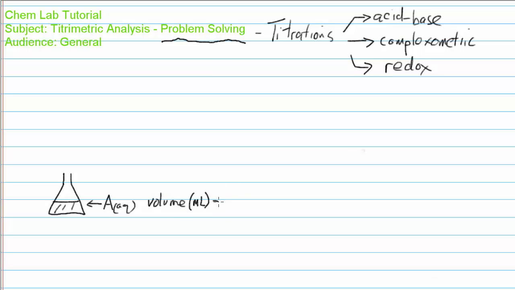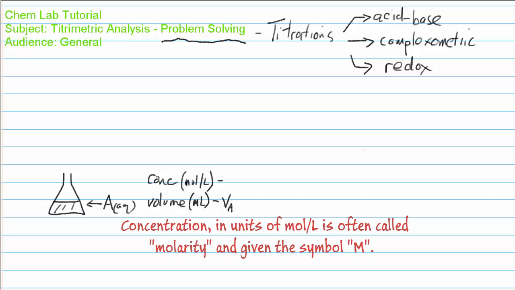So let's call that VA, the volume of solution A. Now the solution has a concentration, so the concentration most often used is in units of moles per liter. So we would call that the molarity, concentration in moles per liter of solution A, and we'll call it MA.